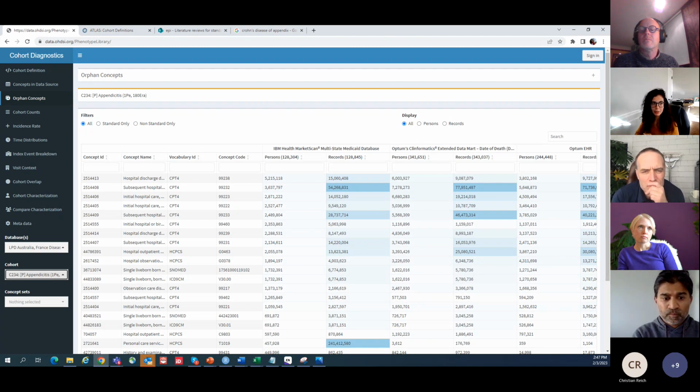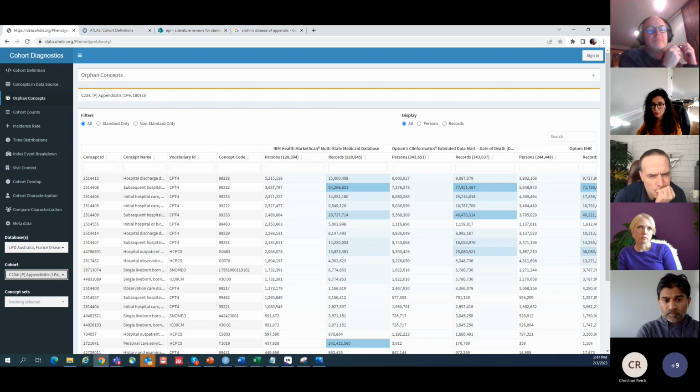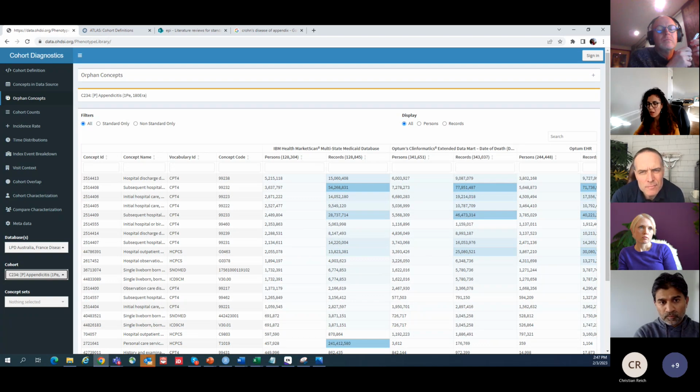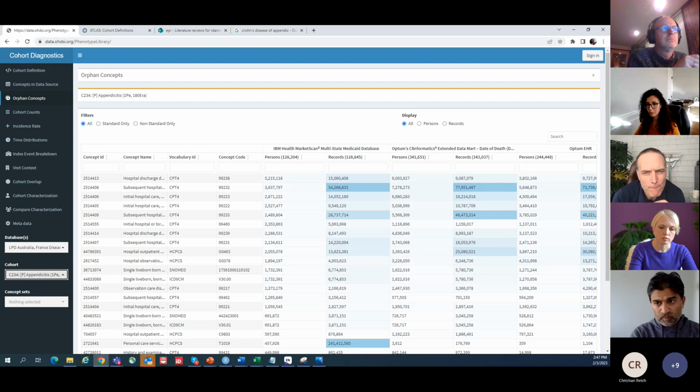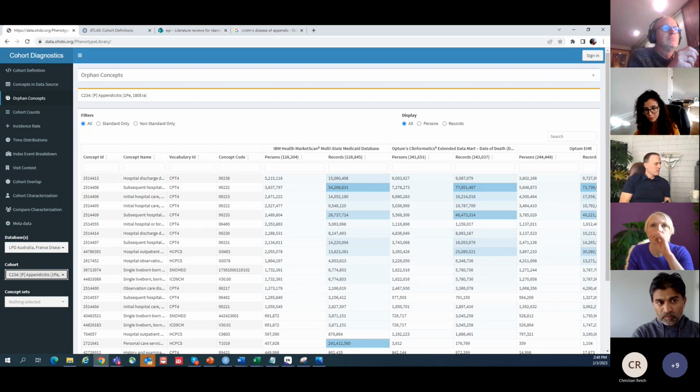Okay, so the first thing I'm going to do as a peer reviewer: he gave me a list of codes that he decided represent the entry event, in this case, diagnosis of appendicitis. One thing we are all concerned about is, did he miss any codes? Is there entry criteria he's missing under the diagnosis of appendicitis that he didn't include because of the way he did his work?